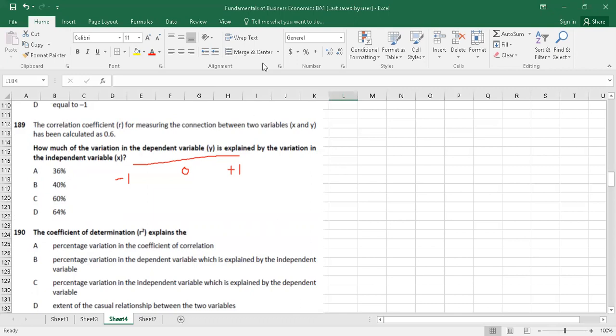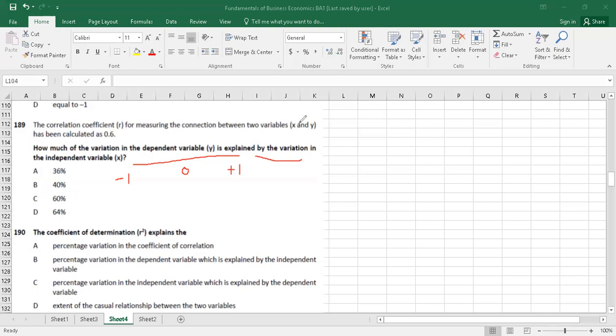The question is talking about the variation explained. So variance is what percentage chances are there that it would be away from the average value. That is the variation. So now we need to find out what is the variation percentage.